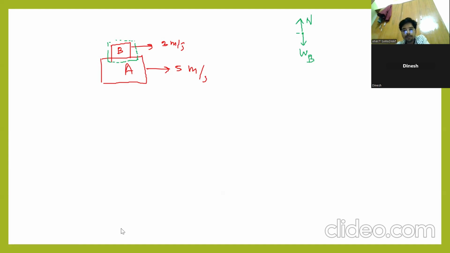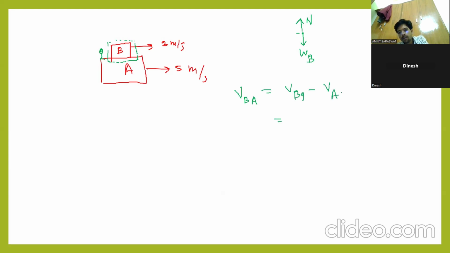Now my system is B and you are the observer, standing on A. So what is the velocity of B with respect to you? VB minus VA.